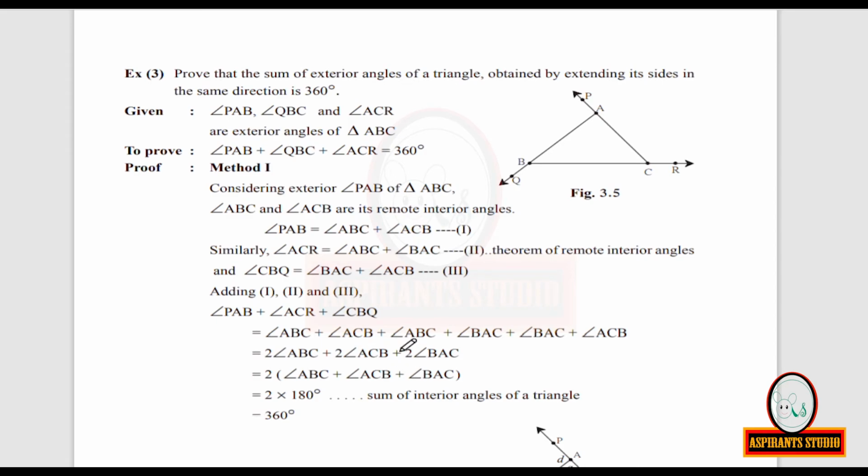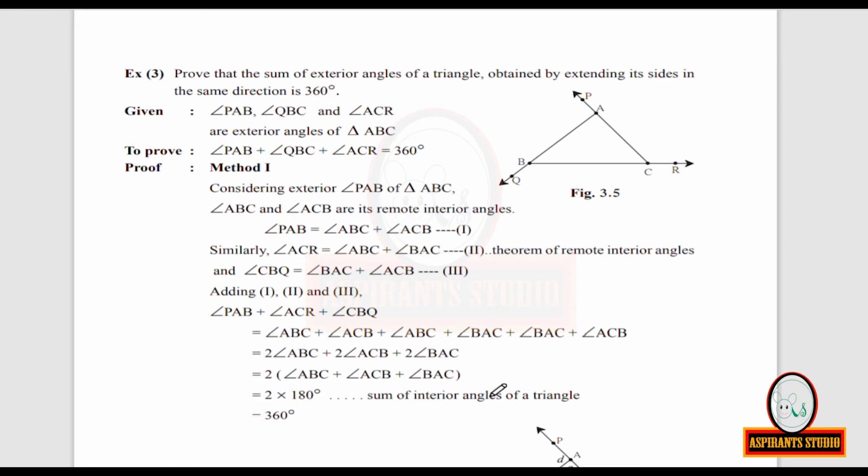Now, angle BAC plus angle BAC will be 2 into measure of angle BAC. Now, 2 is common. Take 2 outside the bracket, and inside the bracket you will be getting angle ABC plus angle ACB plus angle BAC. Now, 2 into, what is the value of this?